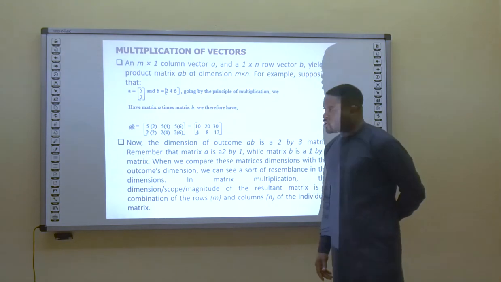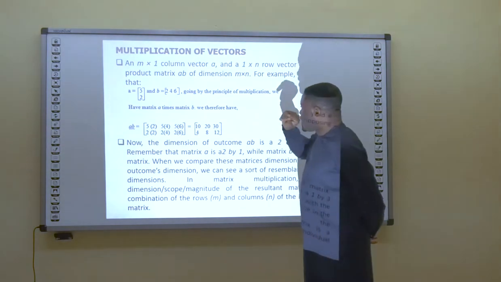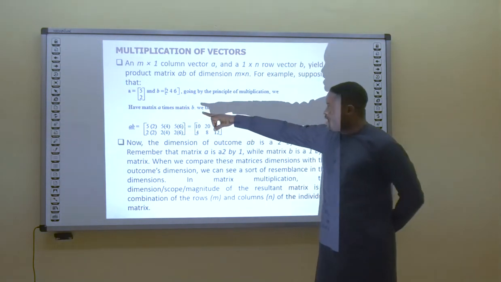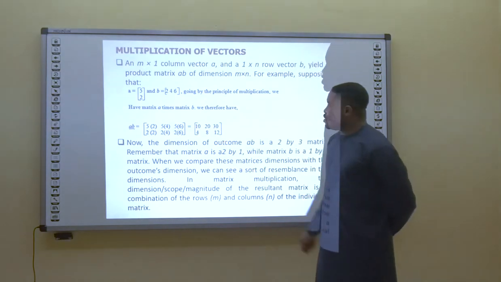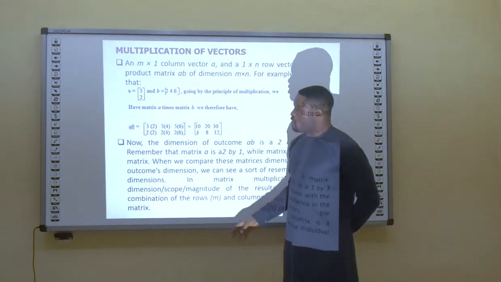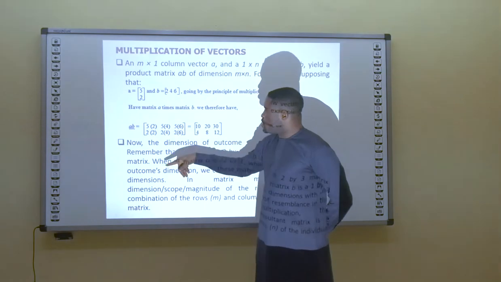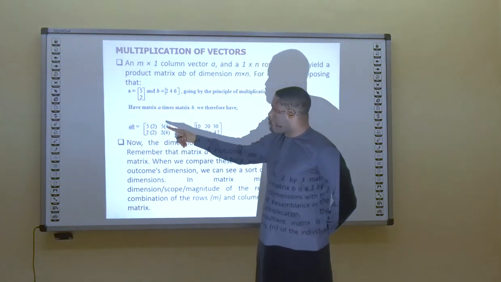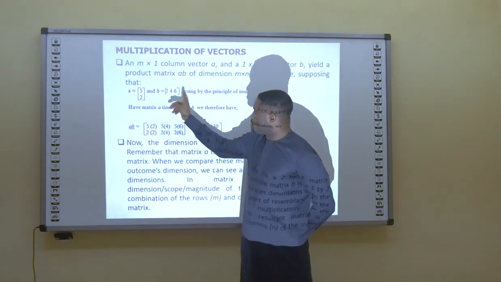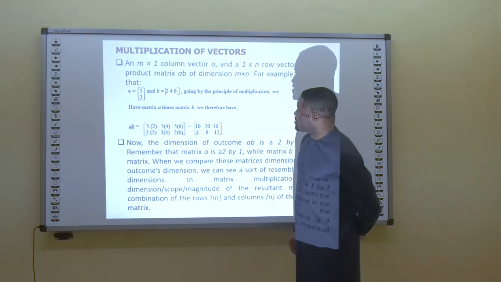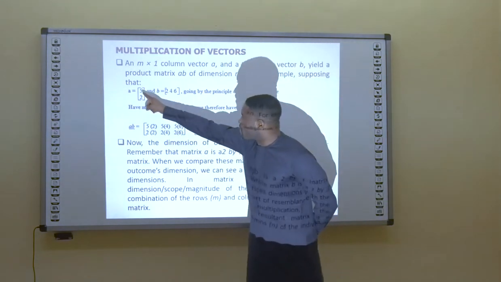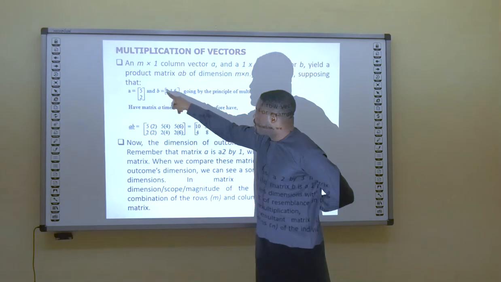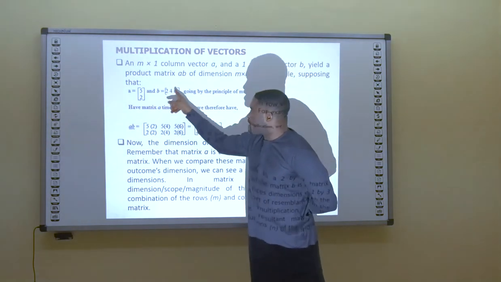Going by the principle of multiplication, we have matrix A times matrix B. So we multiply 5 by 2, then 5 by 4, and 5 by 6.